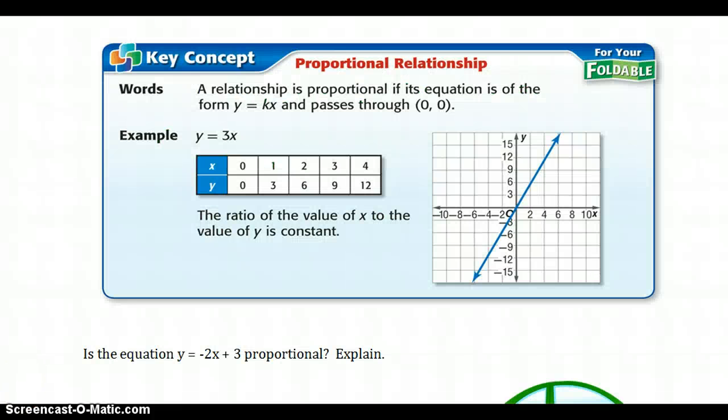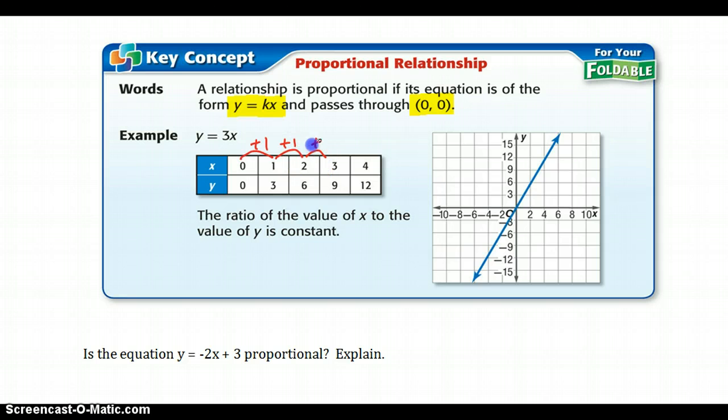A relationship is proportional if its equation is of the form y equals kx and it passes through 0, 0. So the example they've given us here is y equals 3x. Notice from x to 1, it goes up, it increases 1. Here it increases 1.